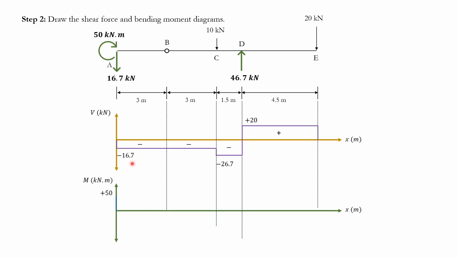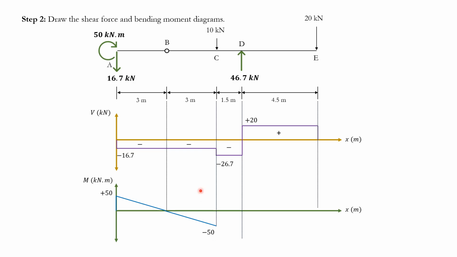So 16.7 times 3, that's 50, right? So it's like positive 50 minus 50. It gets to 0. Perfect, because that's what I want. Again, this positive 50 that I have, the area under the shear diagram is negative 16.7 times 3. So here, that's negative 50. 50 minus 50, that's 0. Then you continue, another 50 there.